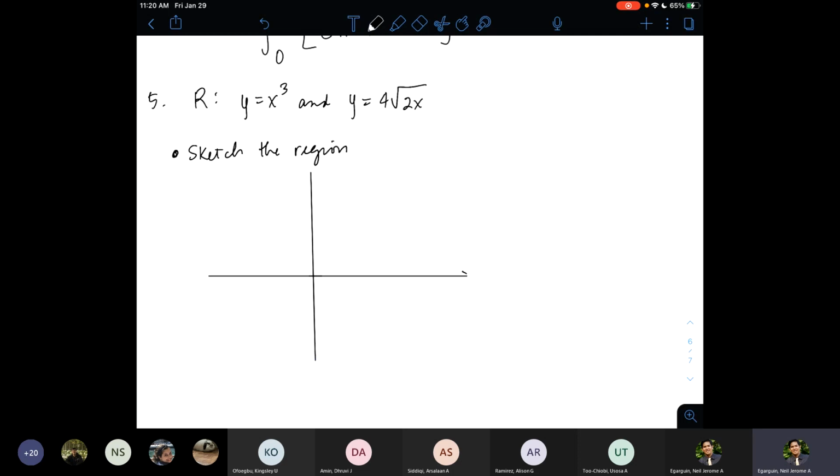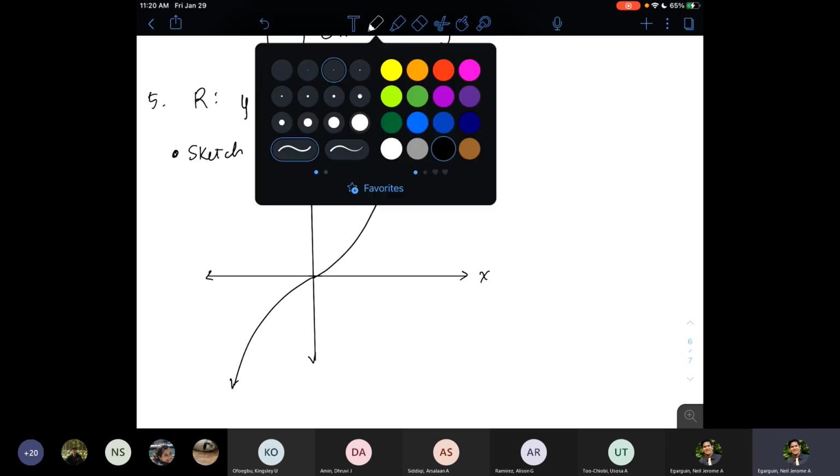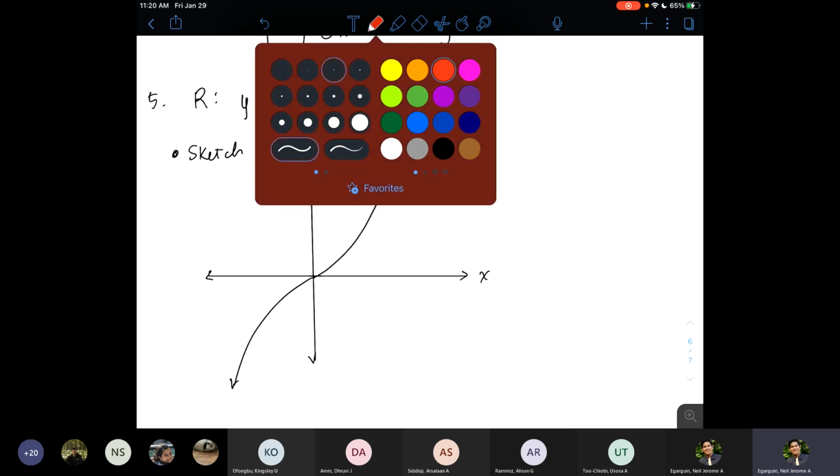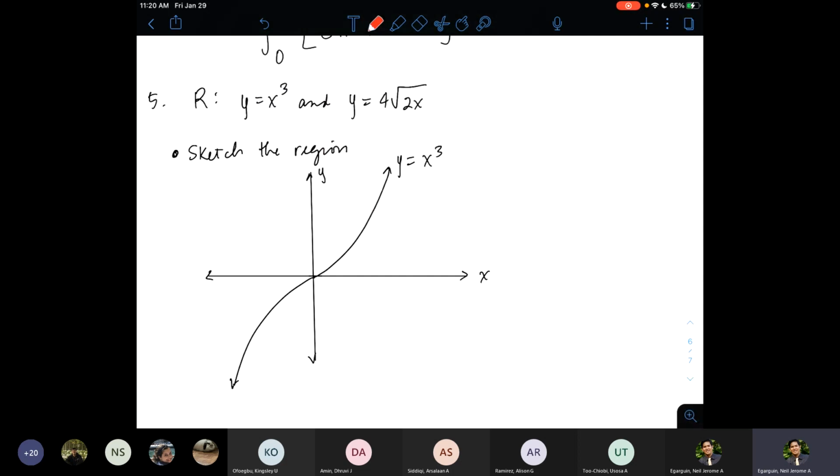Okay, x, y. Y equals x cubed, that's fine. I don't need any calculus 1 technique to know that the graph will look like this. Y equals x cubed. Then let's use another color for y equals 4 times root of 2x.